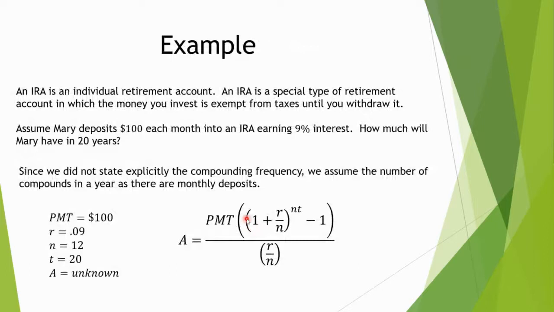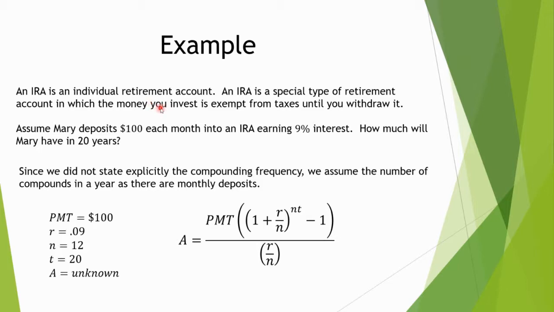Okay, now let's get to an example. This is actually a special kind of retirement account. The money in there does earn interest, and it's exempt from taxes. In other words, you don't pay taxes on that money. The thing is, though, you can't take money out of there until you reach a certain age.